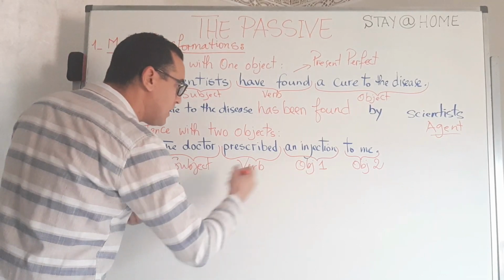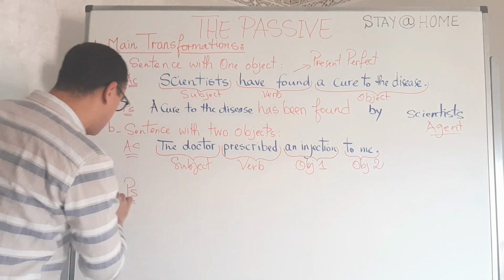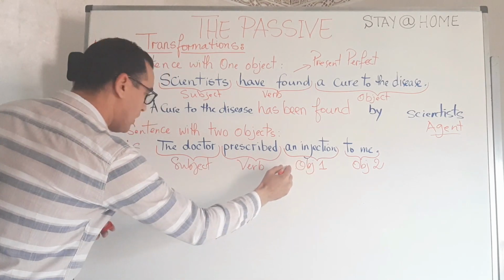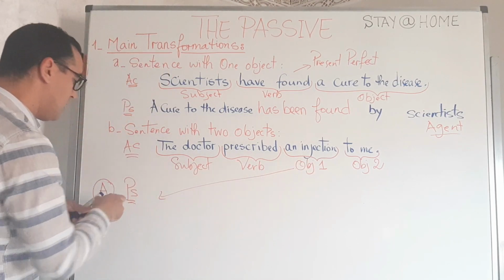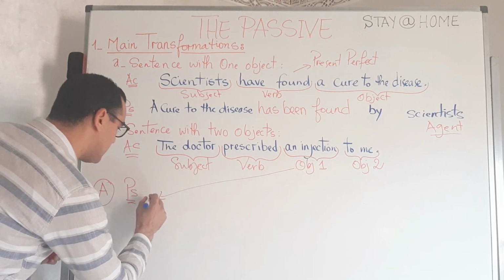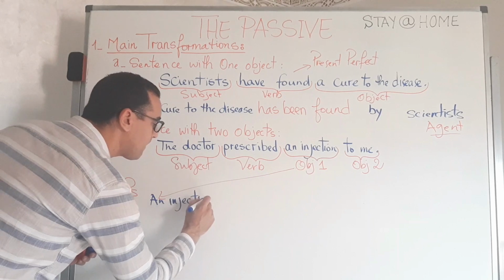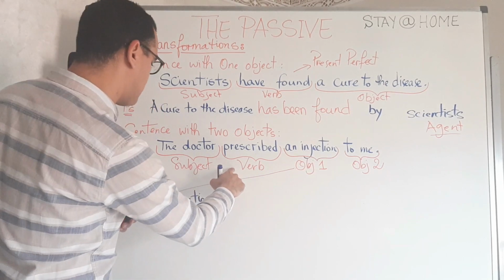We're going to make the first transformation, which is A, with object number 1. We switch the position and bring it to the initial position. It becomes: an injection. Where is the verb? It's prescribed.